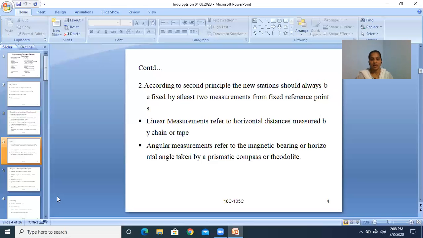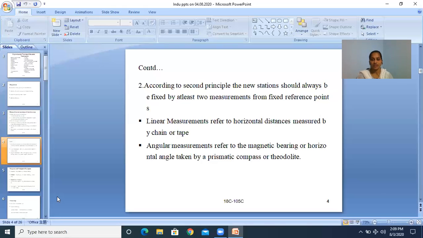The second principle is to locate the new stations by taking at least 2 measurements. To satisfy this, those two reference points may be either both linear or both angular, or one linear and one angular. Here you can see that angular measurements also are taken in the second case.